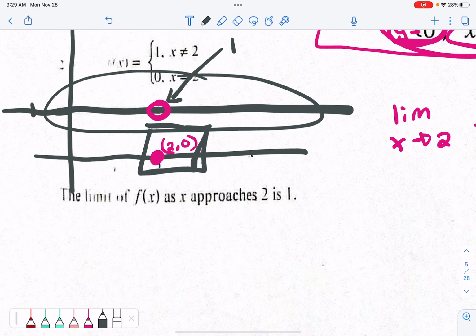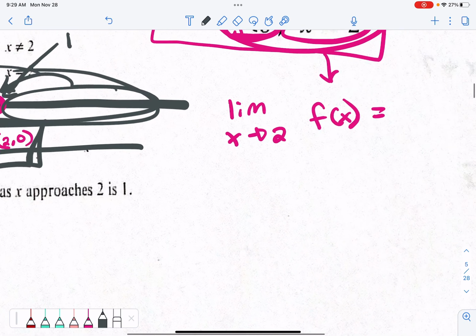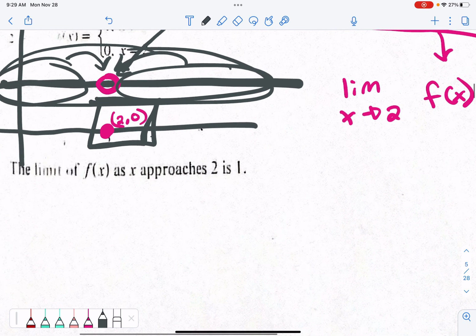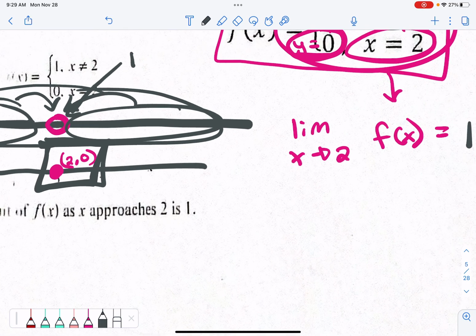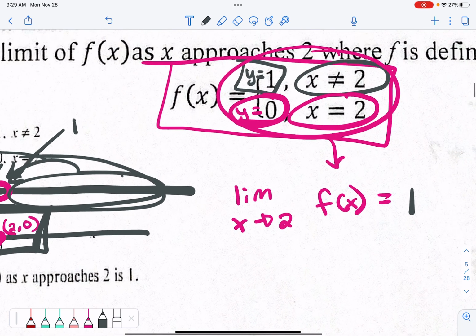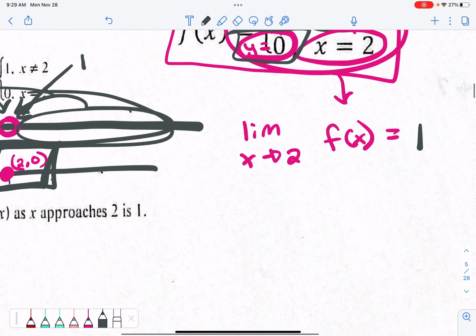Even though I know it's 0, the limit is actually going to be 1, because this side right here tells me it's going to a coordinate of 1. This side is telling me it's going to a y-coordinate of 1. So the limit is actually going to be 1. Even though its actual value is down here at 0, everything around it leads me to believe that y-coordinate should be 1. It should not be 0. Even though the piecewise function tells me it's actually a value of 0, it shouldn't be 0, it should be 1, and that's what the limit is. The limit is 1.